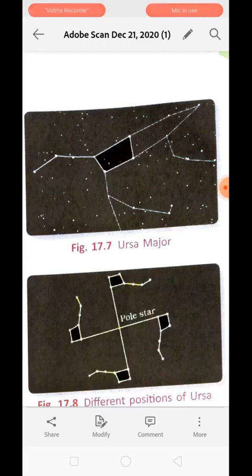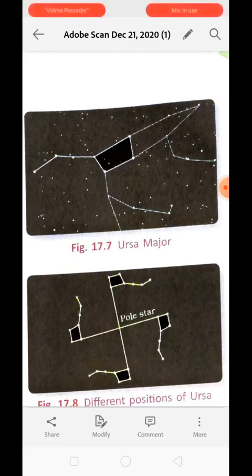If you study the position of Ursa Major at different times during the night, you will find that it appears to rotate about the pole star. The pole star is not rotating, but the constellation appears to rotate about it. Due to the location of the pole star just above the north pole of the Earth, it is not visible from the southern hemisphere.